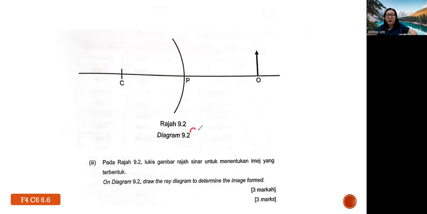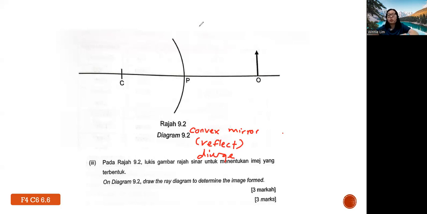Now this is a convex mirror, so it is a mirror, and your brain should get this idea: reflection occurs, the ray will bounce. A convex mirror widens the field of vision, so it curves outwards, which means the rays will diverge. These are key ideas so that you won't mix up with a lens or a concave mirror.